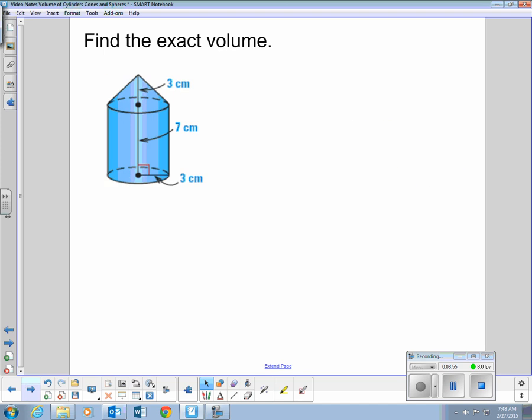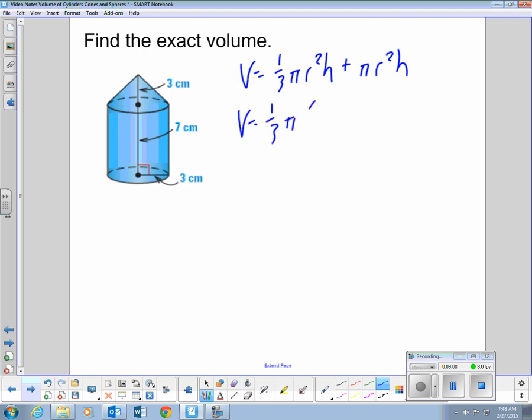All right, so here we have our complex shape. So we're going to find the volume of this one. So the volume of this figure, I like to always write it first, is 1/3 pi r squared h plus pi r squared h. So our volume is equal to 1/3 pi. Our radius is 3 squared. Our height is 7. All right, no, actually, we need to go in.